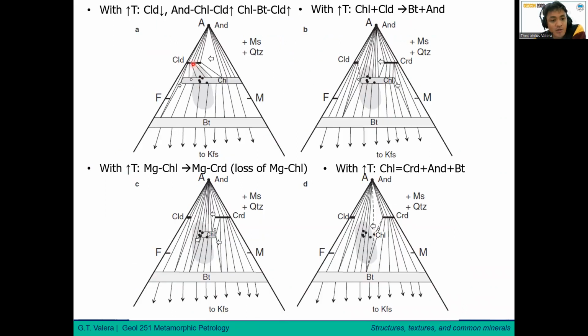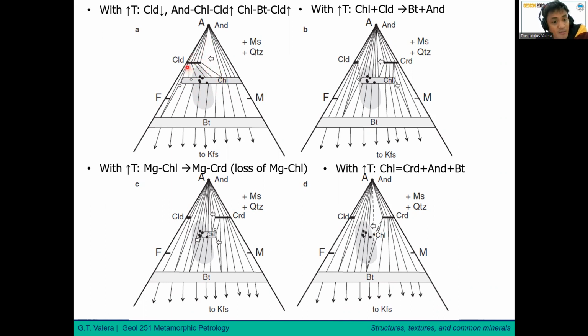Okay, so tinanaw natin at low pressure conditions, una chlorite field lang siya. Tapos, most of them are chloritoid and chlorite or chlorite plus biotite. With rising temperature, lumiliit yung chloritoid na linya, na line. And lumalaki yung chlorite, chloritoid, andalusite na field. Okay?